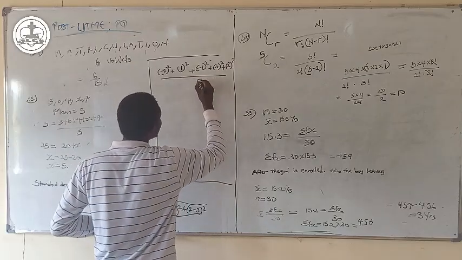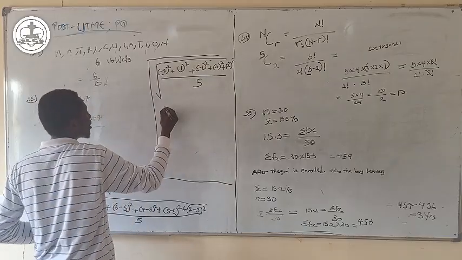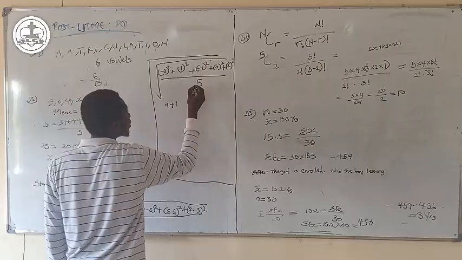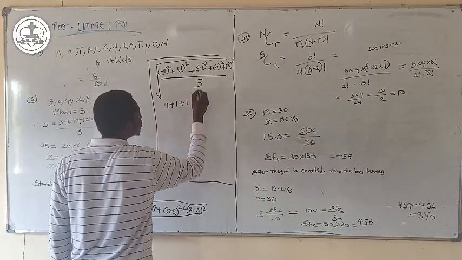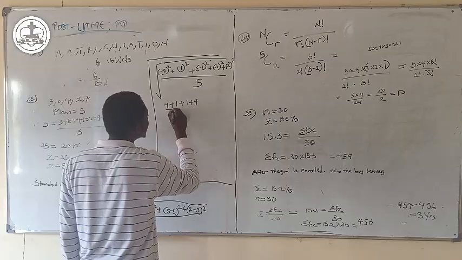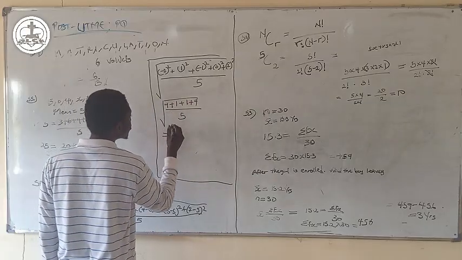Everything divided by 5, then we root it. Minus 2 squared is 4, plus 1, plus 1, plus 0, then 2 squared is 4 again.